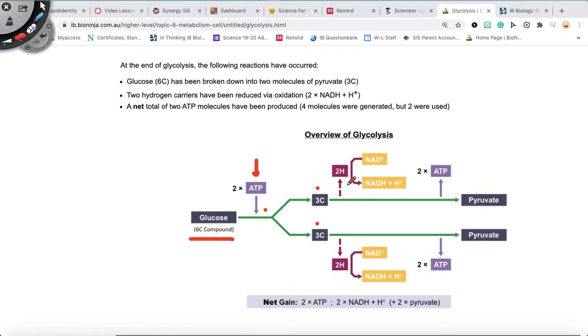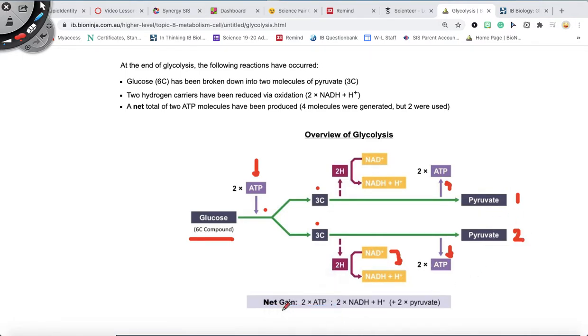And you're going to release 2 hydrogens here via the oxidation process. You are going to reduce NAD plus into NADH plus H plus. You are also going to release 2 ATPs and 2 ATPs here via ATP production. And you're going to end up with 2 molecules of pyruvate.